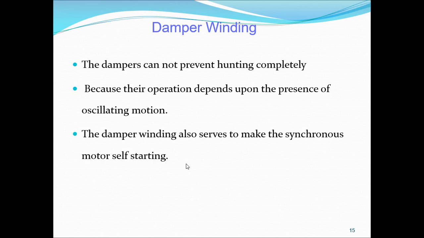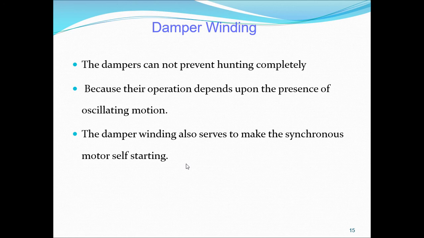So the damper winding also serves to make the synchronous motor self-start. So we have another advantage of this damper winding. Here what we learn: the damper winding reduces the hunting.